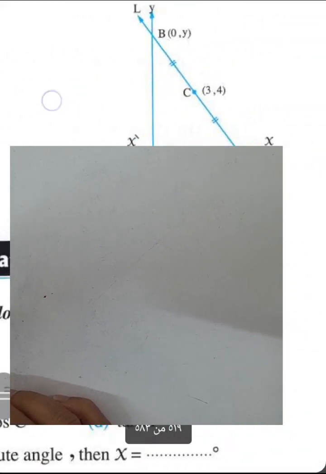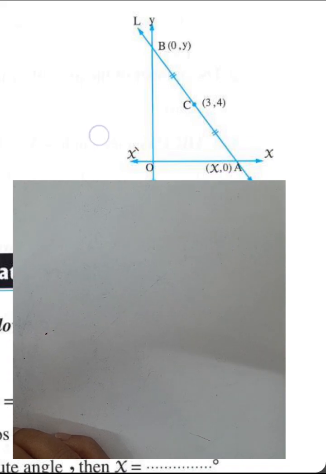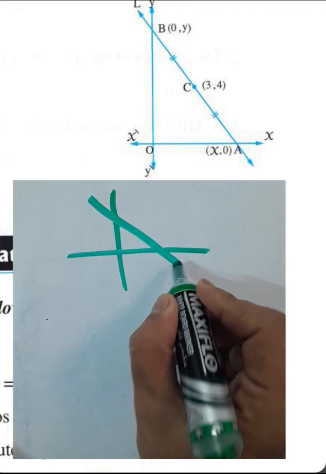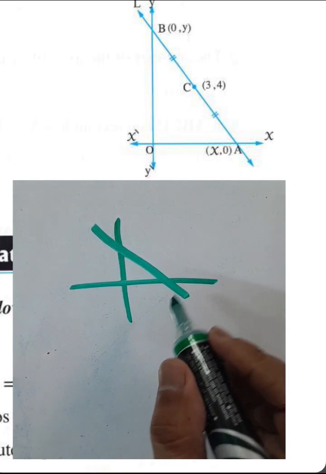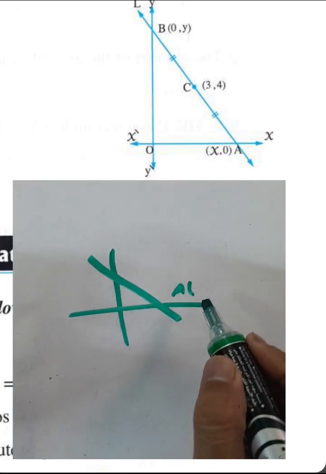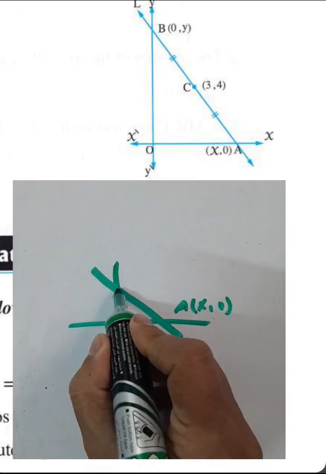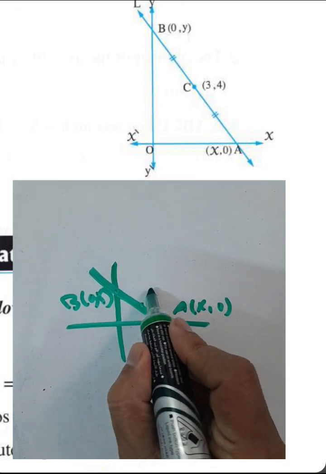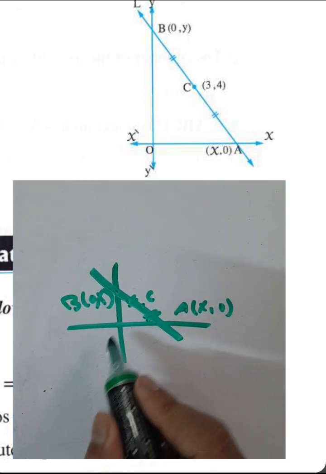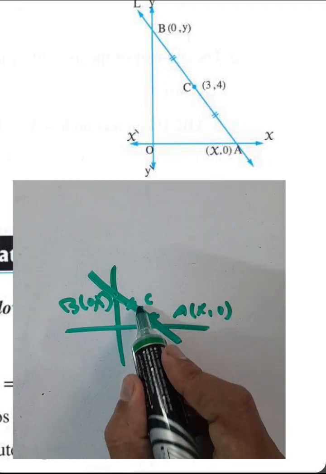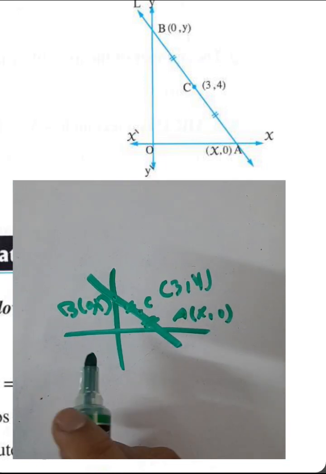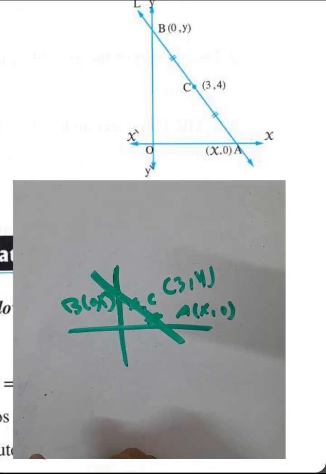Okay, first step about this example, we can write the equation of the straight line which passes through the points A and B. This straight line cuts two parts from the x-axis and y-axis, and the order of this point was A here, x and 0, and the next point B, 0 and y, and they give us C here, which lies in the middle between A and B. This is the midpoint between A and B, and the order of C was 3 and 4. Okay, he would find the area or the perimeter of the triangle.